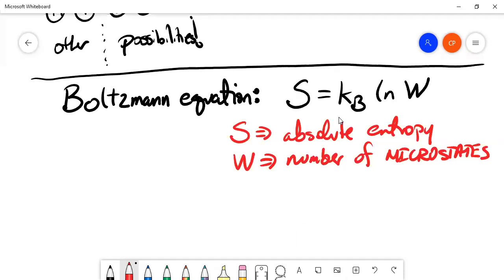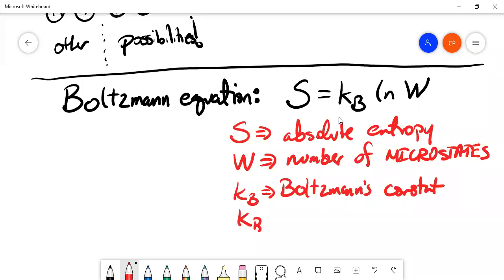The B in case of B stands for Boltzmann. Case of B is Boltzmann's constant. Boltzmann's constant is tiny. Its order of magnitude is the inverse of the order of magnitude of the mole.